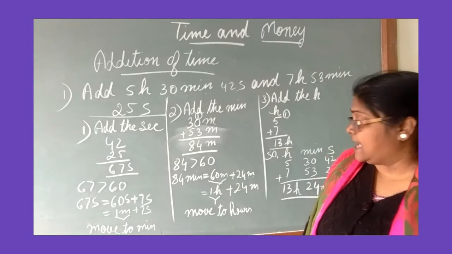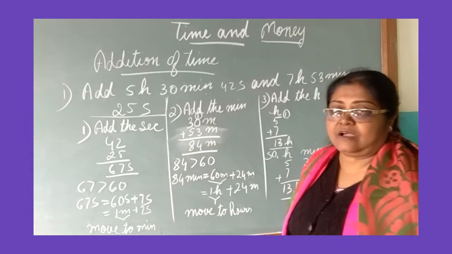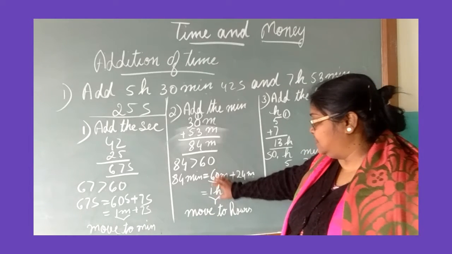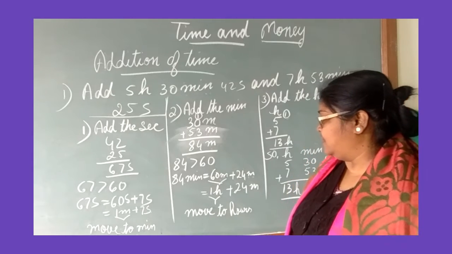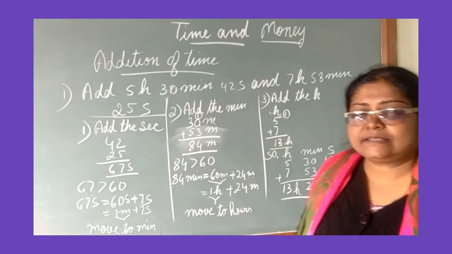This 60 minute equals 1 hour, yes, and this 1 hour will move to the hours. And this 24 minute stays. Is it clear?